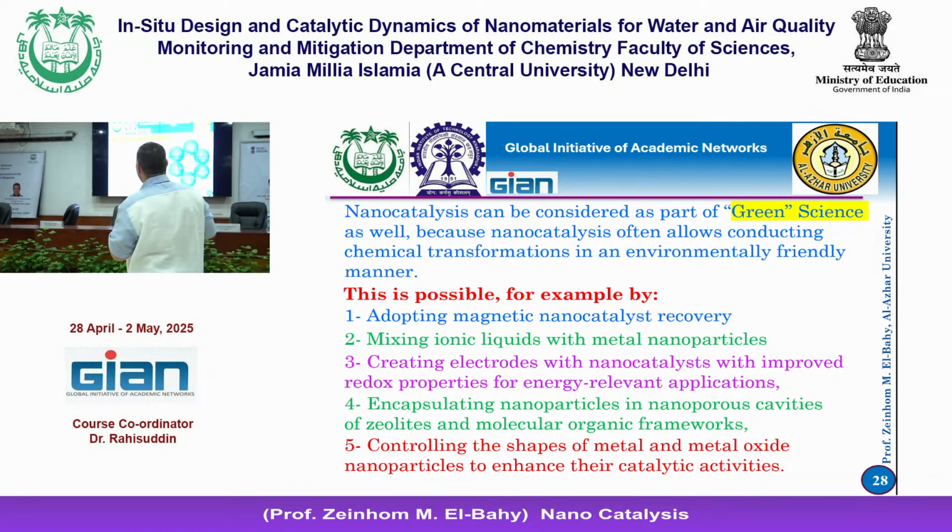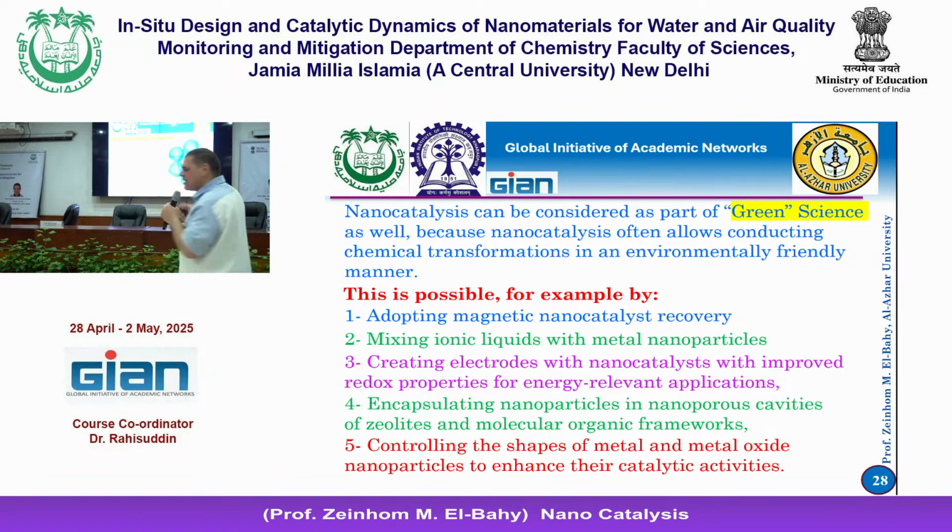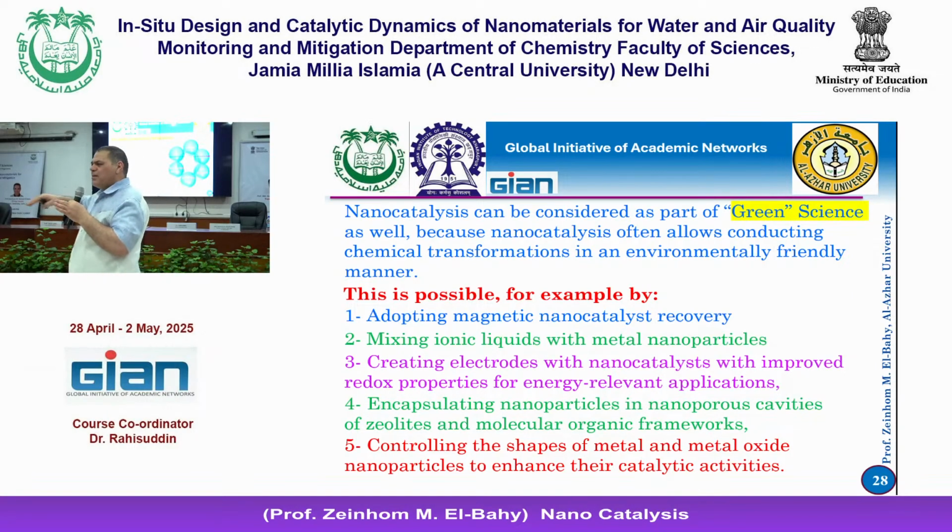Here we can see that the catalytic properties of nanoparticles depend on several factors, which are the size of nanoparticles, the shape of nanoparticles, composition, and interparticle spacing. What does it mean? The spacing between the materials on the surface.